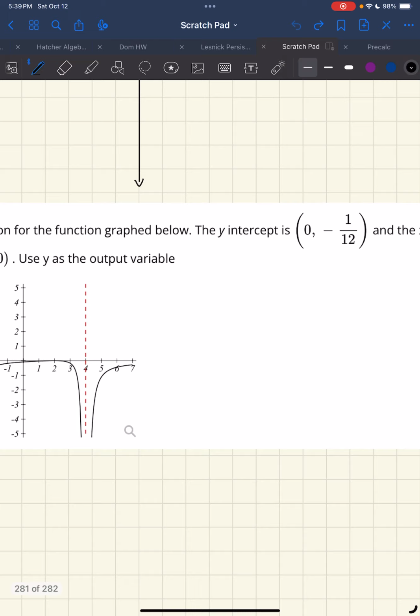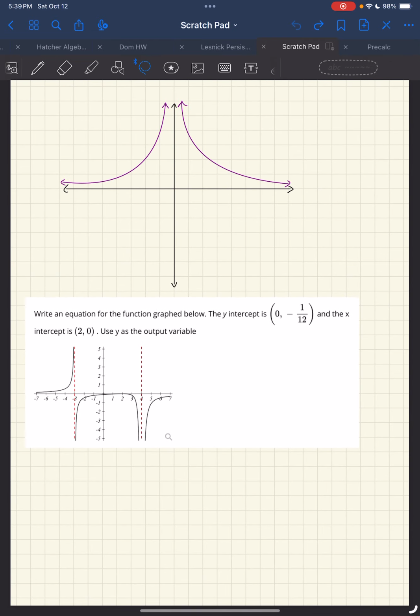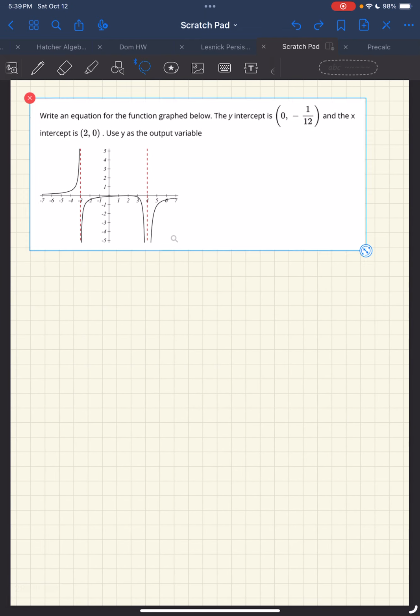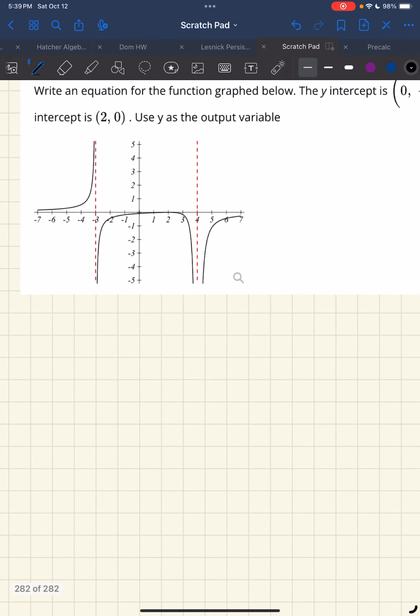So let's attack this problem. I'm actually kind of forgetting how to do this problem, so let's start a fresh page and try to figure it out from the top. So what do we have? Immediately, there is a horizontal asymptote at y equals 0. What does that mean?